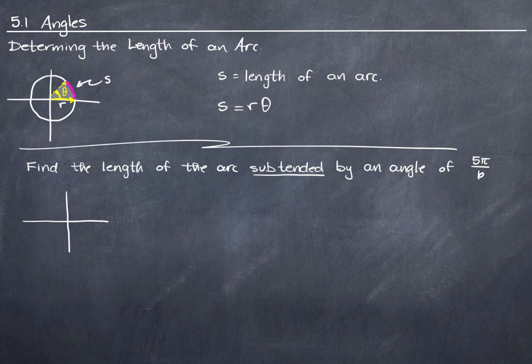We have 0 radians here. I know that I'm in radians, by the way, because my angle has a pi in it. Now, I could theoretically use pi in an angle that was in degrees, for example, I could say 2/3 pi degrees, but it's highly unlikely. If it's got pi in it, it's almost always in radians.